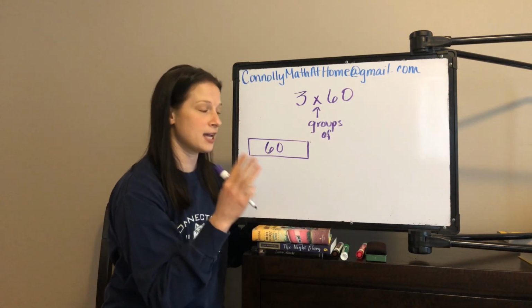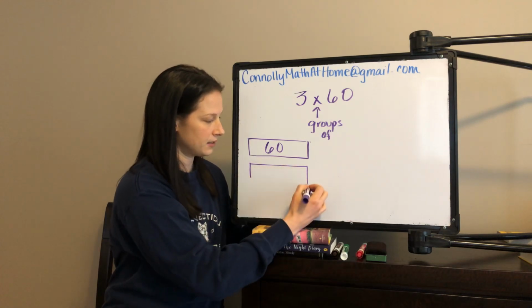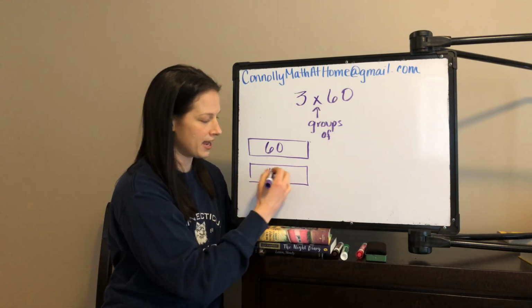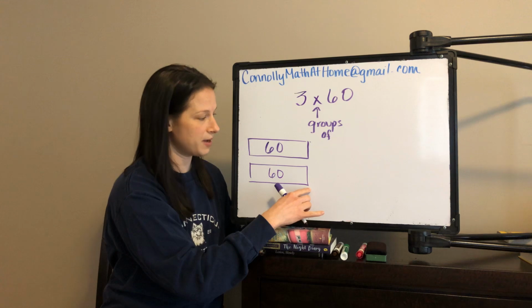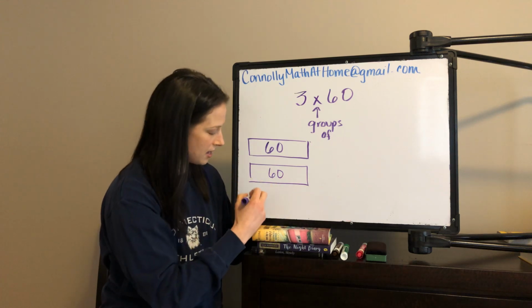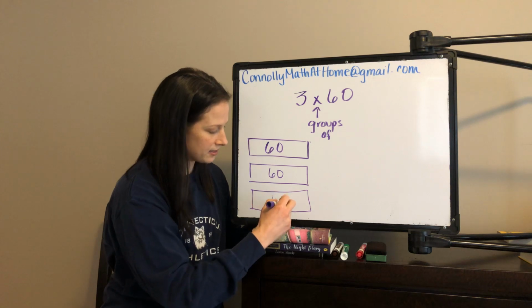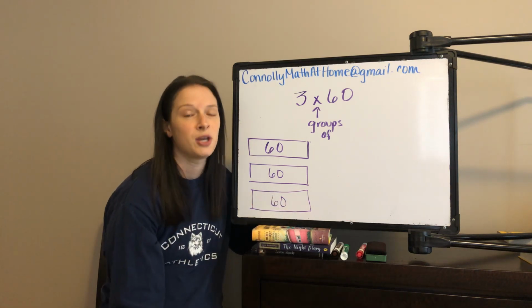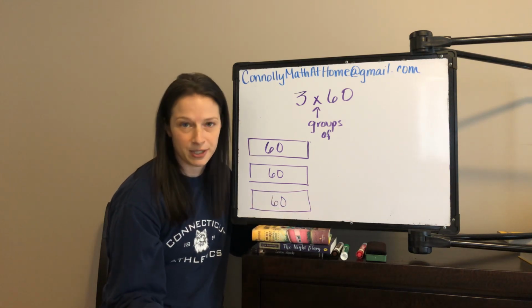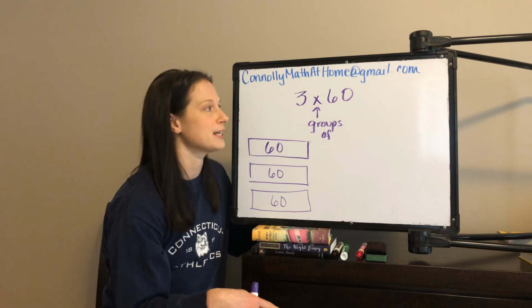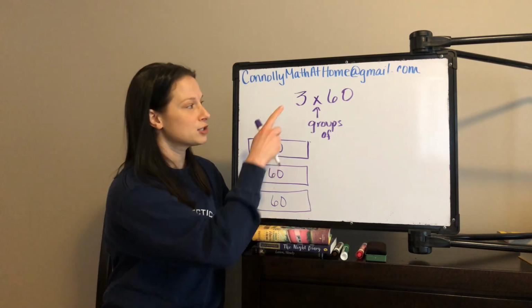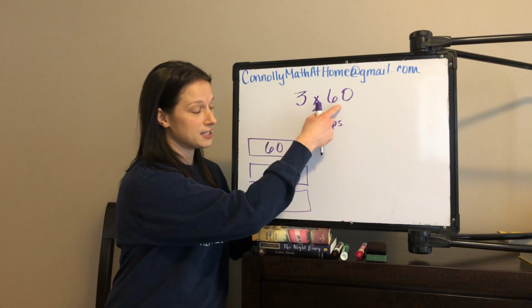I'm going to do that 3 times. So I have another whole path that's 60 kilometers long, and then I have another path that's 60 kilometers long. Let's say I walked it 3 separate days, because doing that all in one day is a little excessive. So 3 groups of 60 kilometers.